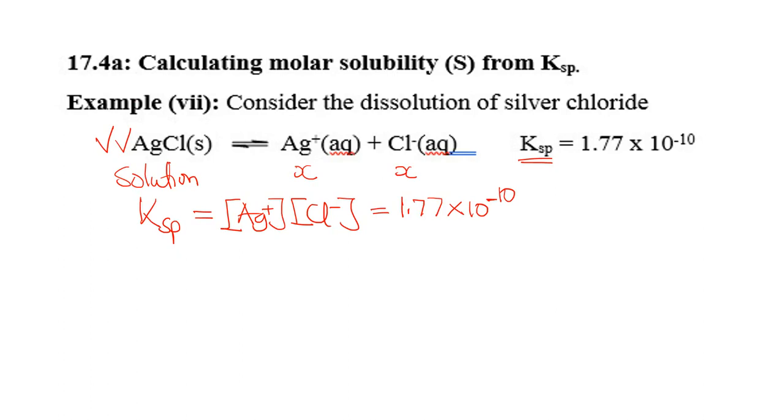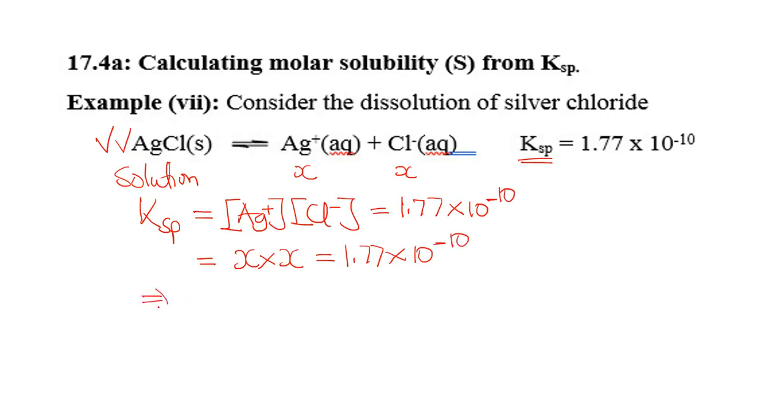So when you write a KSP expression like this one, you can substitute the concentration with X. So this one will be equal to X times X is equal to 1.77 times 10 to the power negative 10.